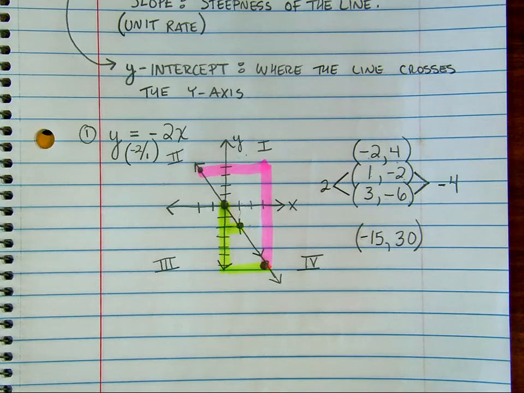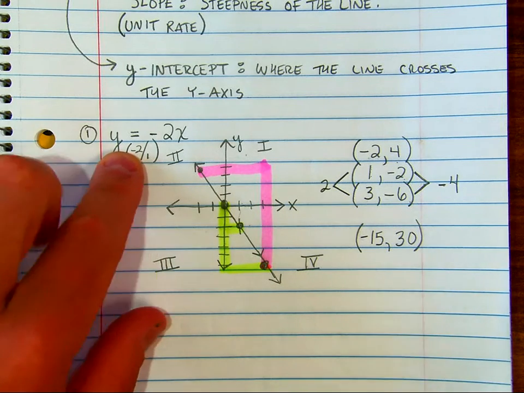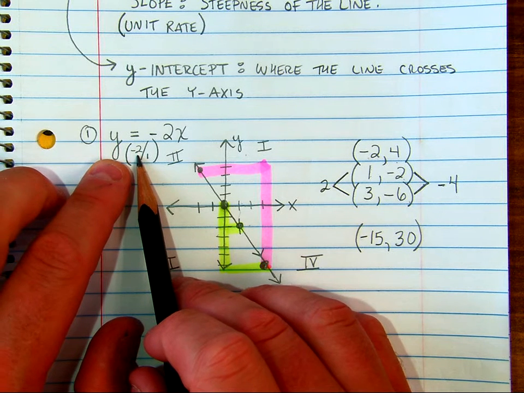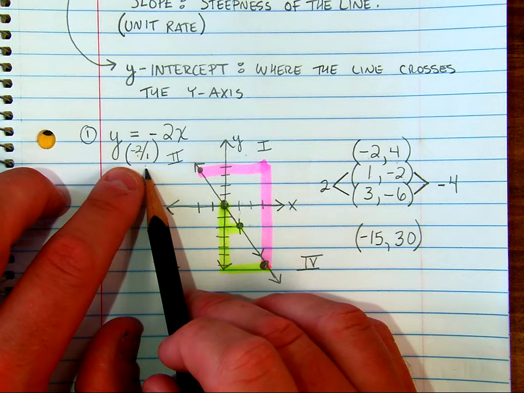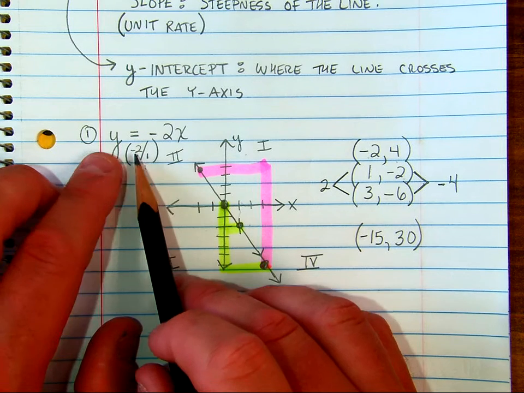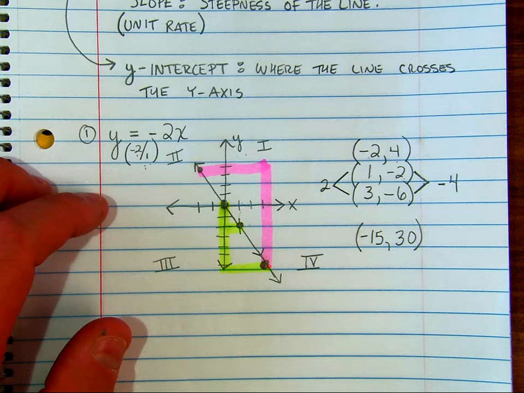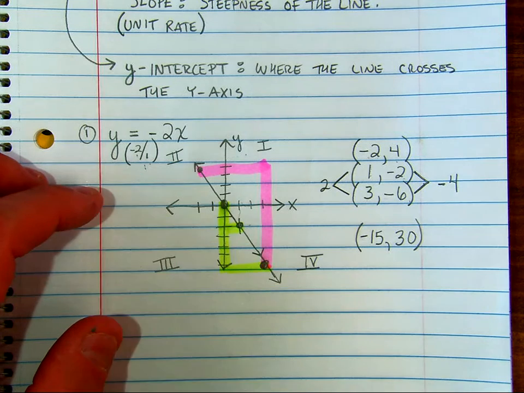Now, let's go back to the unit rate. The change in the vertical axis divided by the change in the horizontal axis, the rise over the run. Do you remember me singing the song Y over X? Y goes in the numerator, X goes in the denominator, Y over X. So, watch what happens.